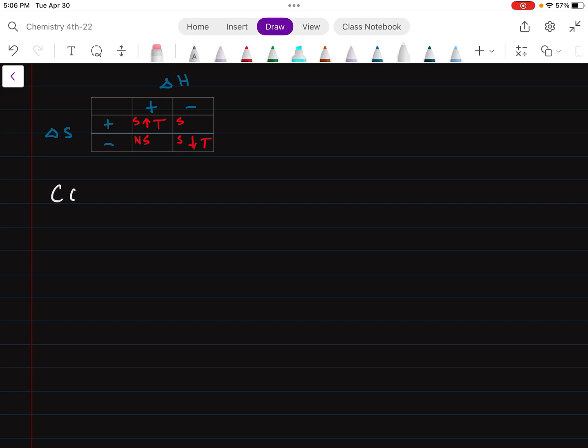CO(NH2)2, in solution, this is the urea, reacts with pure water to produce CO2 gas plus ammonia. Okay, so this is the reaction we did earlier.